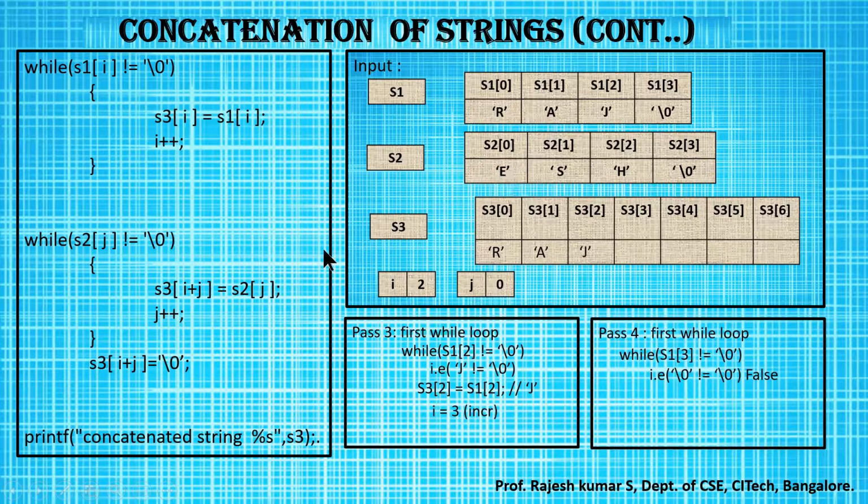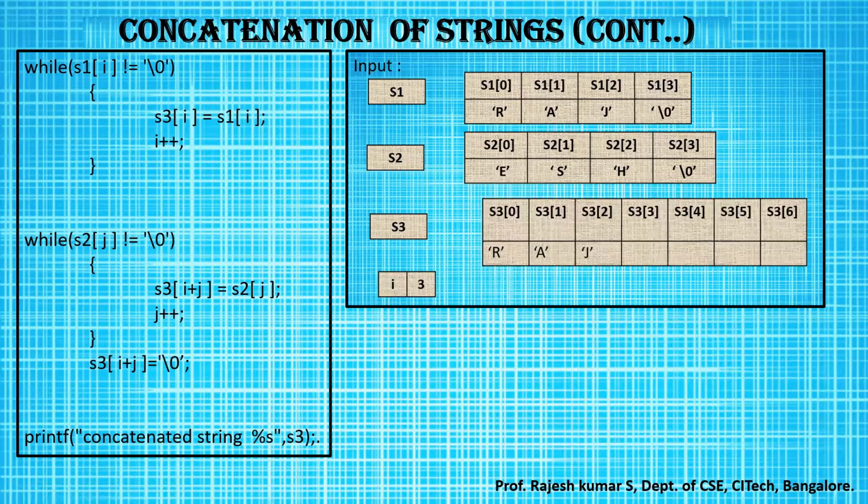S2 of 0 is E. E should be stored at which location? When I write I plus J, we know the I value. The updated I value is 3. 3 plus J value, which is 0, is 3. At location 3, I want to store E.